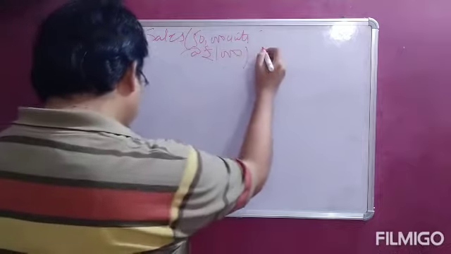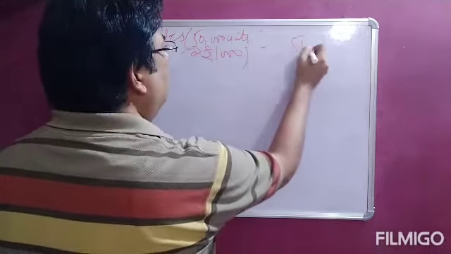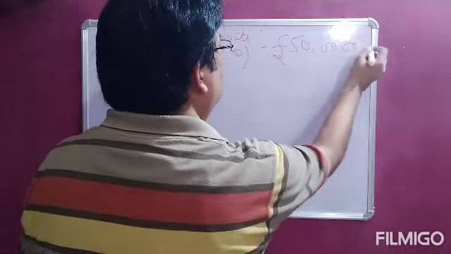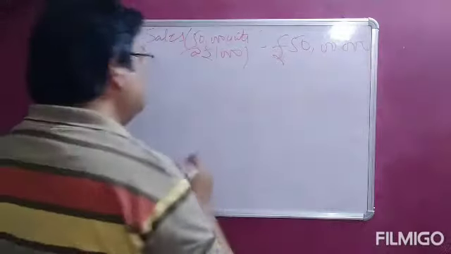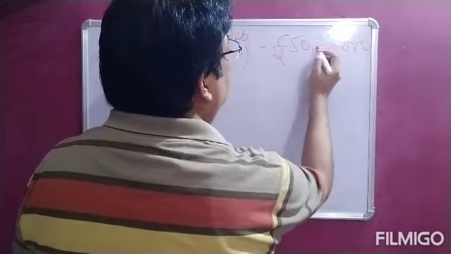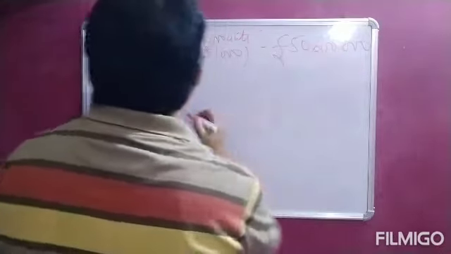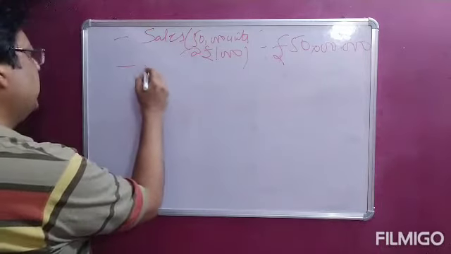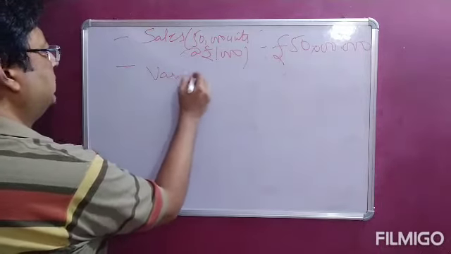So the total sales volume was 5 crore pounds. One more zero. So this is the sales, and then we get variable cost. First we will deduct variable cost from sales.